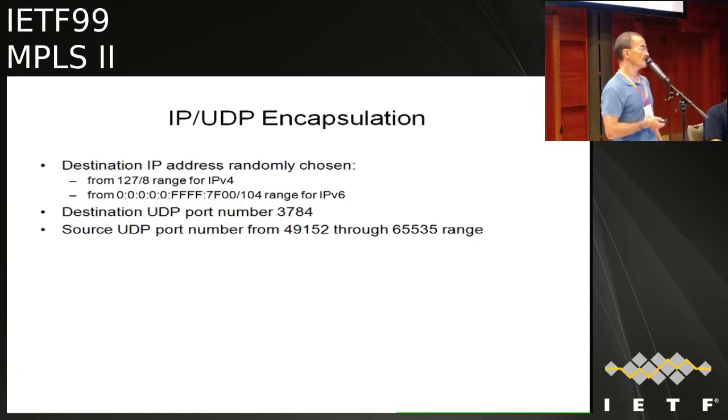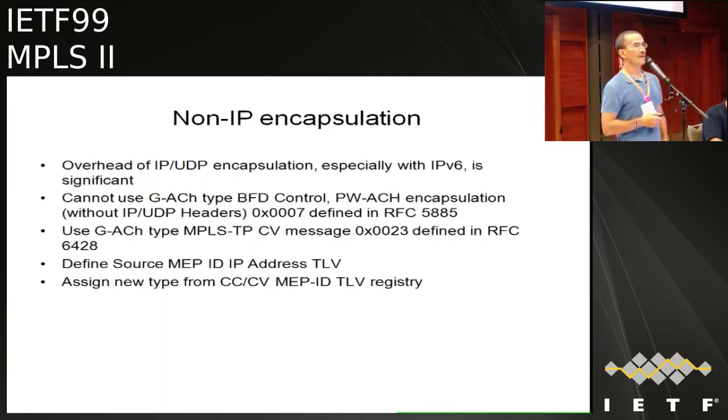So we use a destination UDP port assigned for multipoint BFD, and the source UDP port should be selected from the dynamic port range. Is it possible to use non-IP encapsulation? Because frankly, with a very small BFD control packet size, the IP UDP header, especially for IPv6, is kind of a waste.